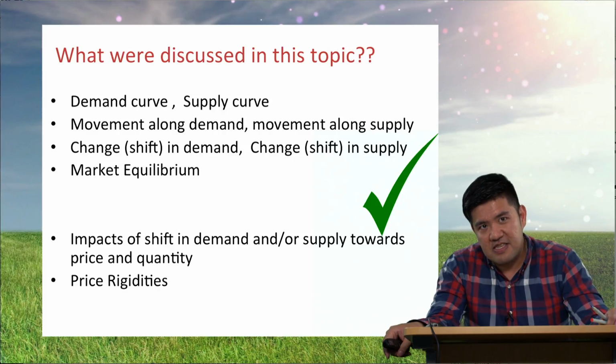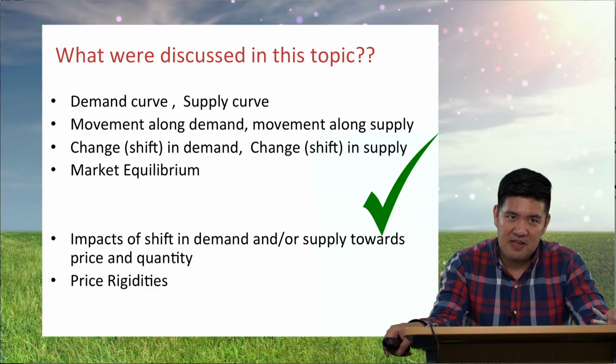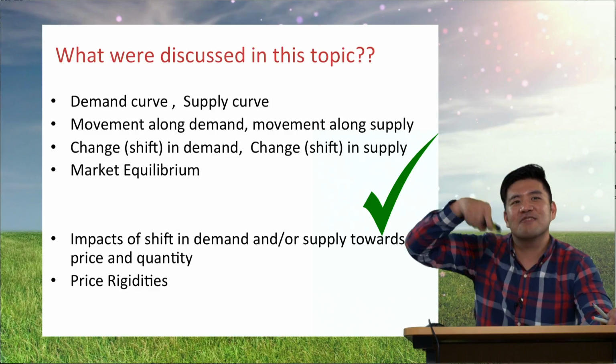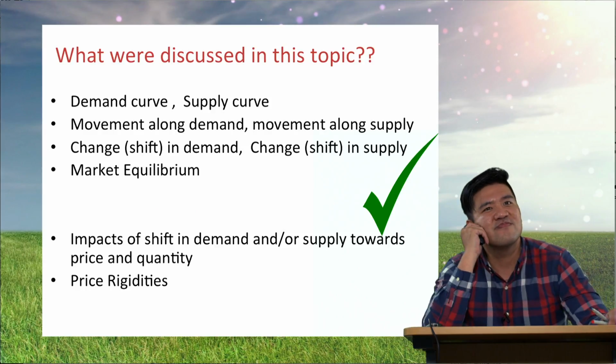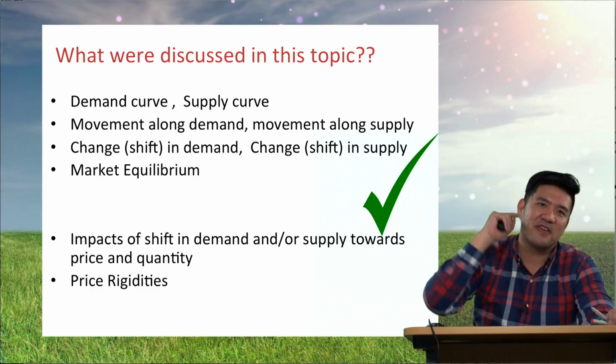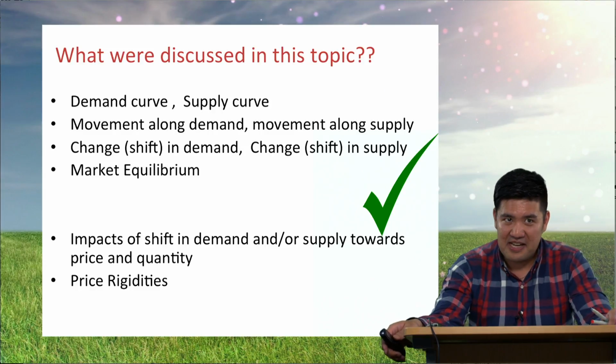Impacts of shifts in demand and or supply on price and quantity. Then we finished off with price rigidities. I hope you can put a big tick. Yes, I got this. This one, I still have to watch the recording again. All the best in your learning there, guys.